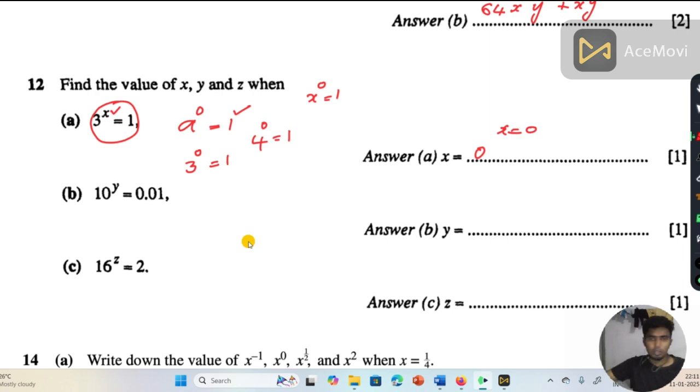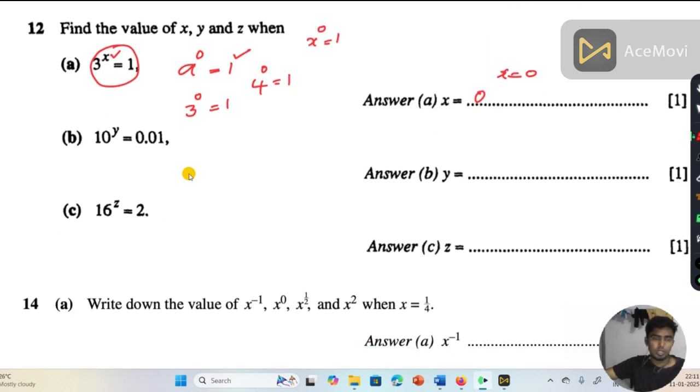Next, 10 raised to y equals 0.01. First we need to convert this decimal into a power. We can write 0.01 as 1 times 10 raised to minus 2.